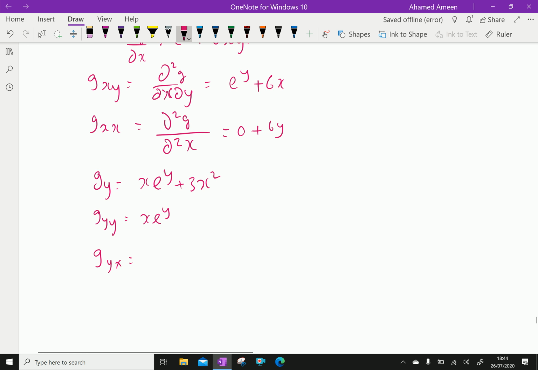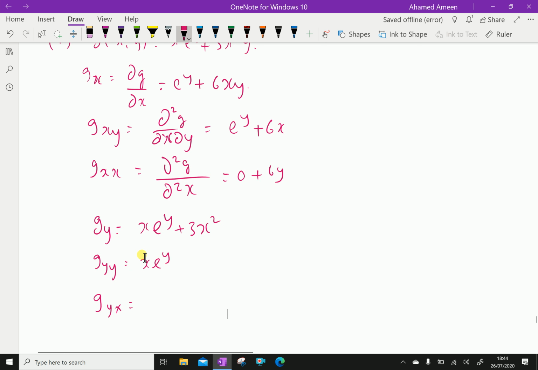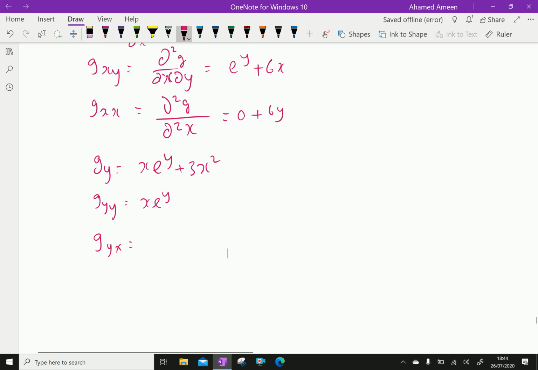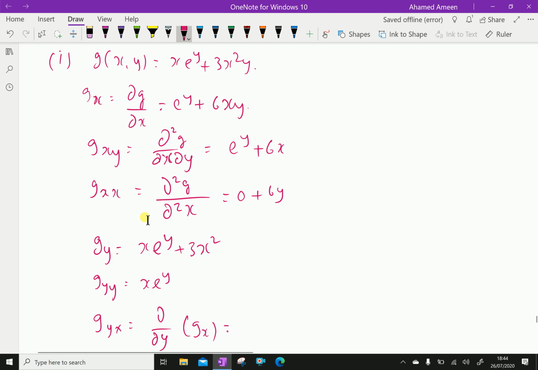G of yx is dou by dou y of g of x. Here g of x is already we have, e power y plus 6xy.